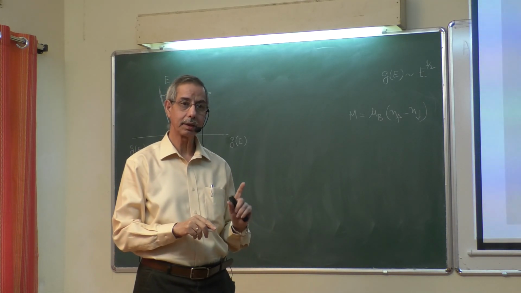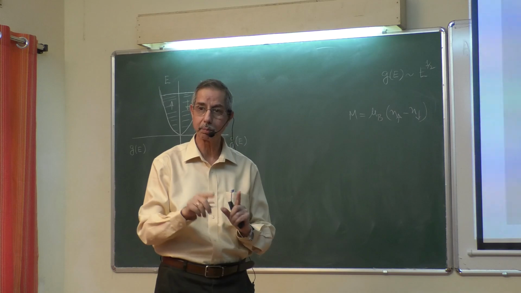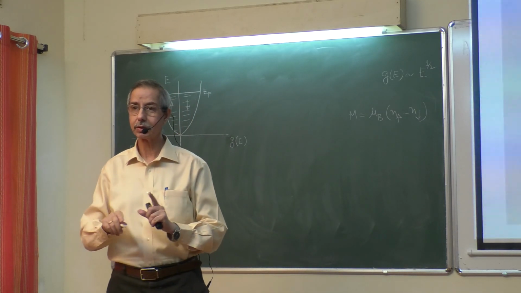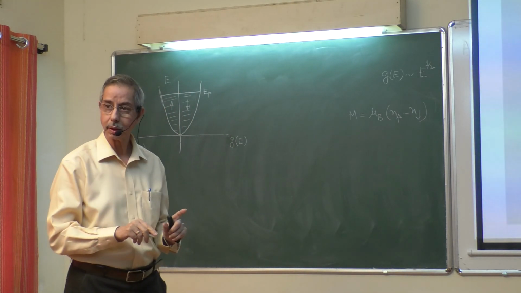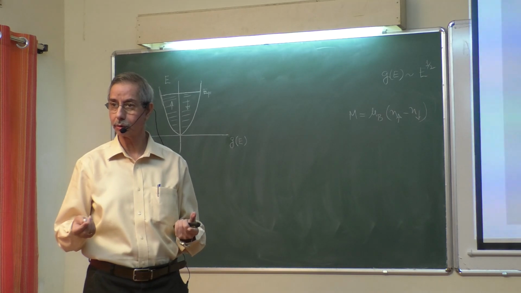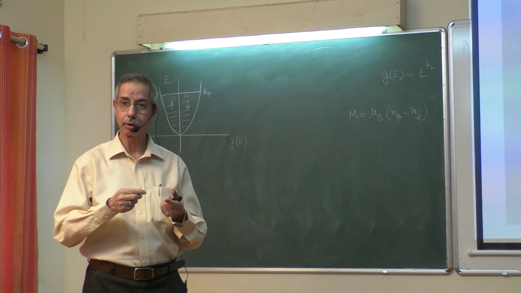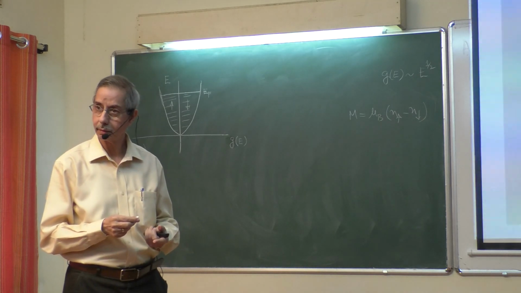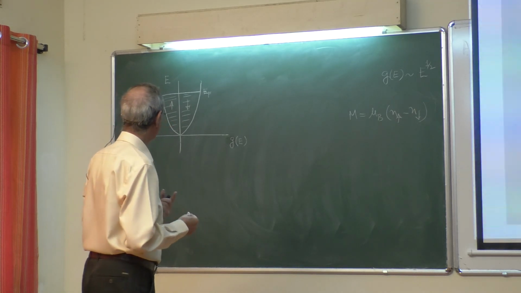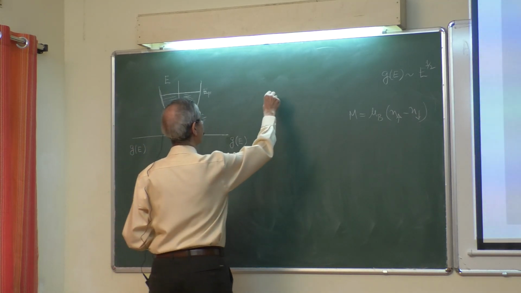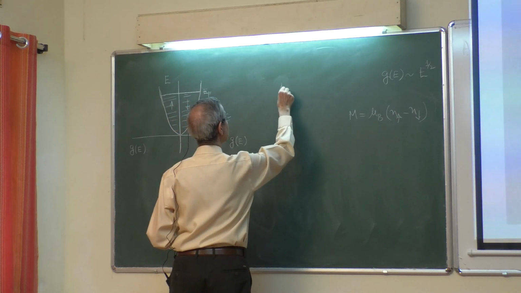So the population difference between spin up and spin down subbands is zero. That means there is no net magnetization in the absence of an external magnetic field for an electron gas. Is that clear? Now, suppose I apply a field in this direction.